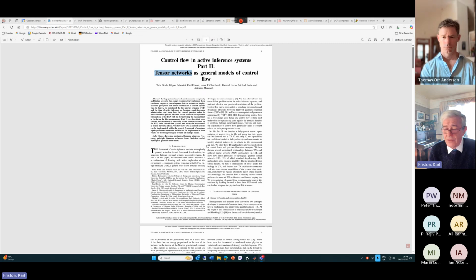Now, the generative models come in many flavors, but most generally and technically, the generative model is just the probability of cause and consequence, the states of affairs and the sensory consequences of those states of affairs, as experienced by an observer of those states of affairs. That's generically divided into a prior and a likelihood.